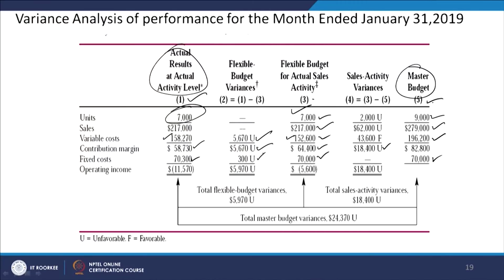But the fixed cost should not increase, it should remain the same. Normally it does not change, it changes per unit, but the total cost remains the same. So, in this case we have found a very serious problem: your fixed cost has also gone up by $300, and that is the reason your final operating income has been affected negatively.